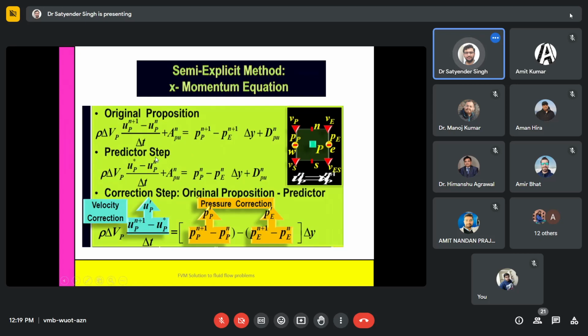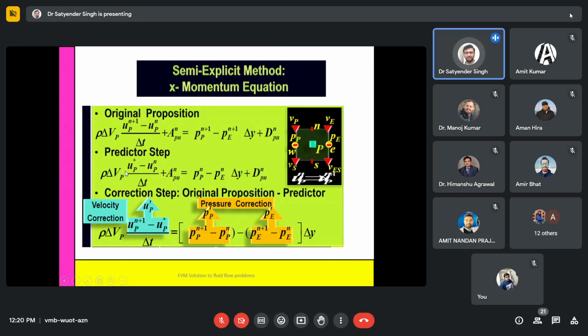In the predictor step, I'm telling you a very easy way to understand and remember this. In the original proposition, whatever values are available at n plus 1, we will replace them with the n level. To make a predictor equation, one step has to be followed.